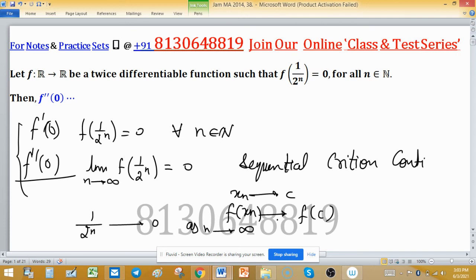If a twice differentiable function is not known to us, then we cannot write this function using Taylor expansion in two terms. So twice differentiability is given, and you can understand the motive.